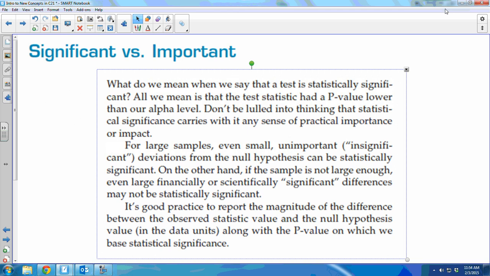But if we're talking about nationally, like every student in the United States, and there's only a 1% difference between P and P hat, do you think that's an important result? Probably not, right? It's a 1% difference. That's not like a 10% difference. So even though it was statistically significant, it was not important.